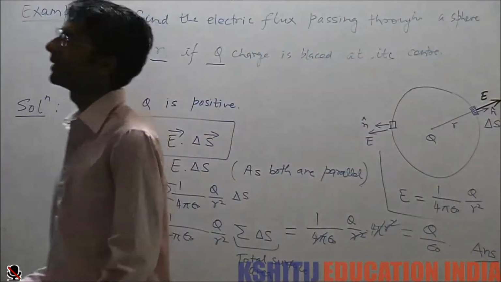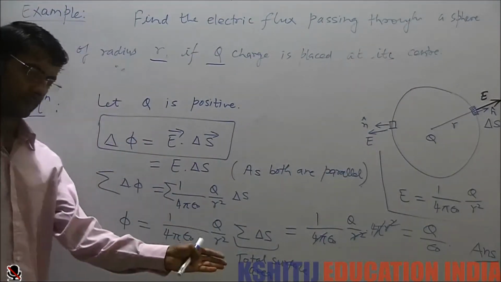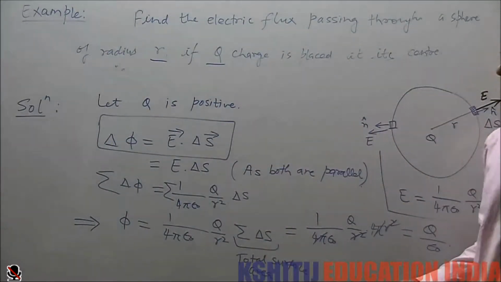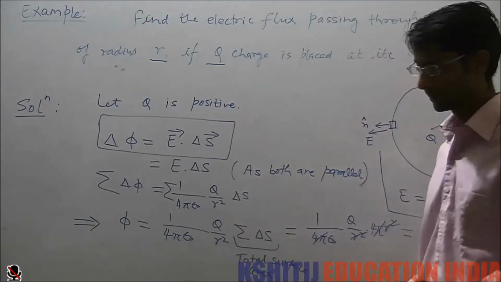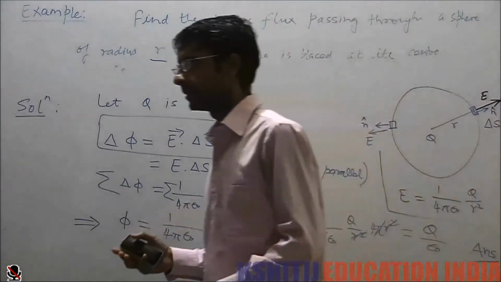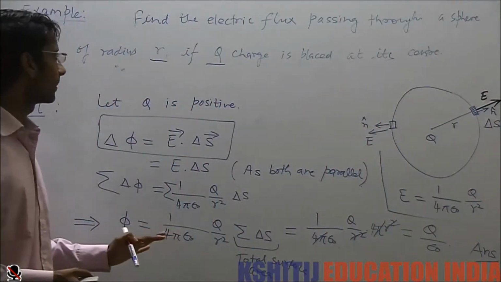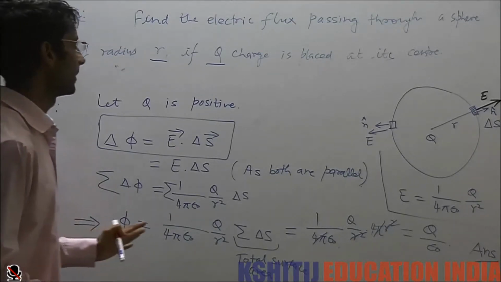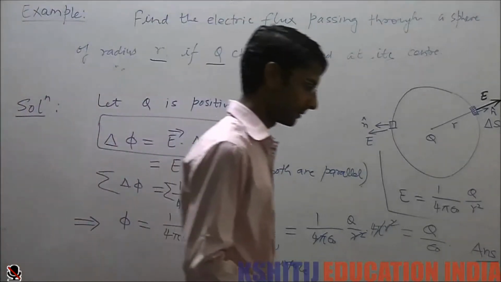Now, whatever we are doing here, we have to follow this kind of linear procedure. After a while, we will be discussing a concept in which we will not require all these calculations. In fact, we can find this electric flux in a single line using a powerful theorem. So, at this initial level, it's important to understand the basic way of finding electric flux, and after that we will talk about the theorem.